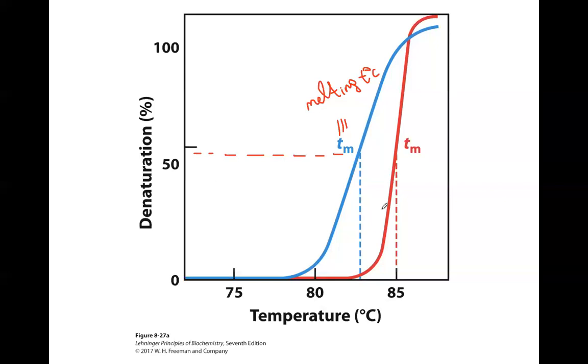Red one, correct. So you can see the red one will require higher temperatures to undergo denaturation. You will need about 85 degrees to denature half of the DNA fragment, and here you will need 83 degrees Celsius to denature that fragment.